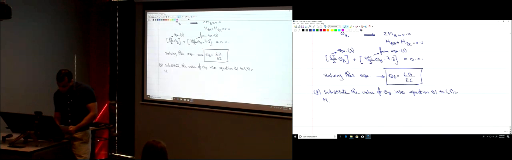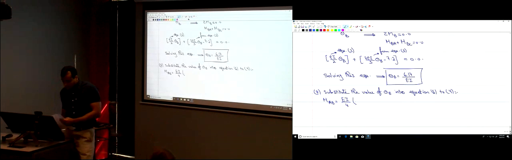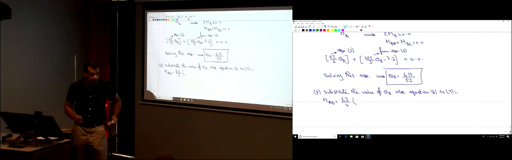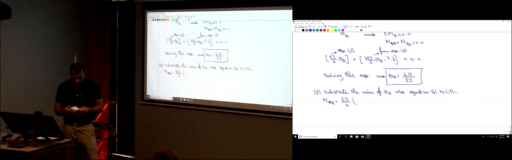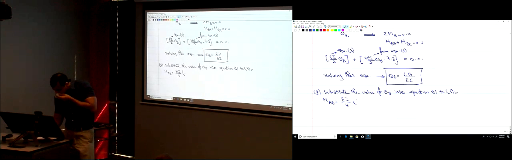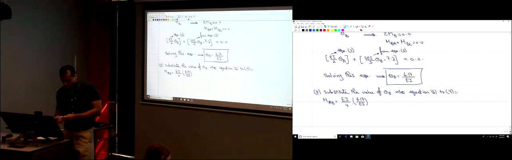So equation 1 was what? MAB was equal to EI divided by 4 multiplied by theta b, right? How much is theta b? You know how much is theta b right now, right? It's 6.17 divided by EI.